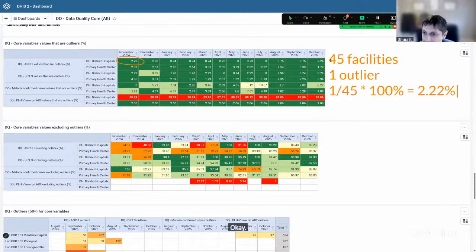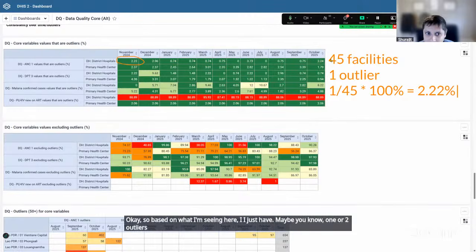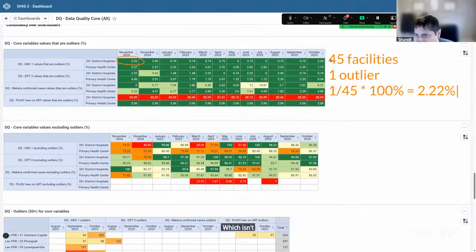Based on what I'm seeing here, I have maybe one or two outliers for the district hospitals in November 2024, which isn't bad necessarily. It's not too high. But the problem is it doesn't tell me whether this is affecting my data to a high extent, or whether it doesn't really affect my data too much, in which case I don't need to worry about it.